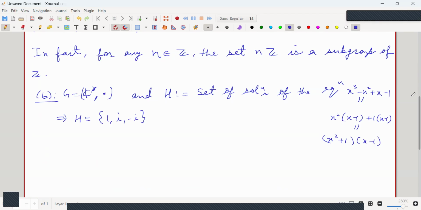Good. So why is it not a subgroup? I belongs to H, but i square is minus 1, which doesn't belong to H. Very good.